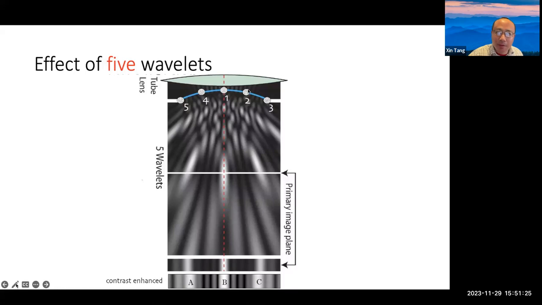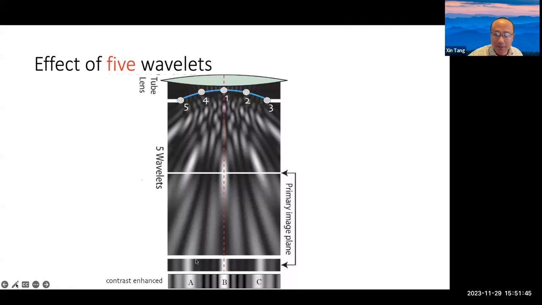If we pick only 5 points here and do the simulation, each point is a wavelet and sends out a wave. If all of them interfere on the imaging plane, on the camera chip, they will generate this kind of pattern.